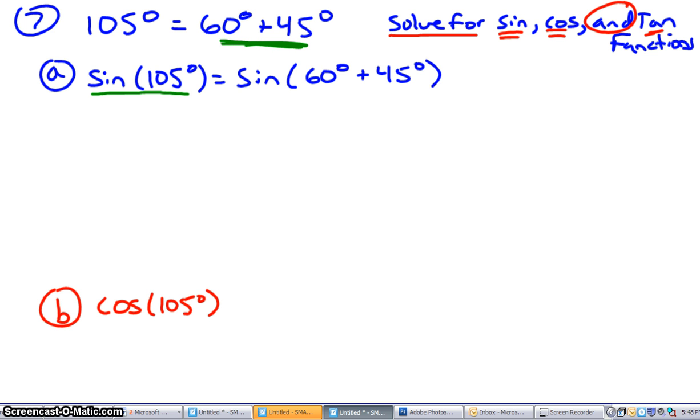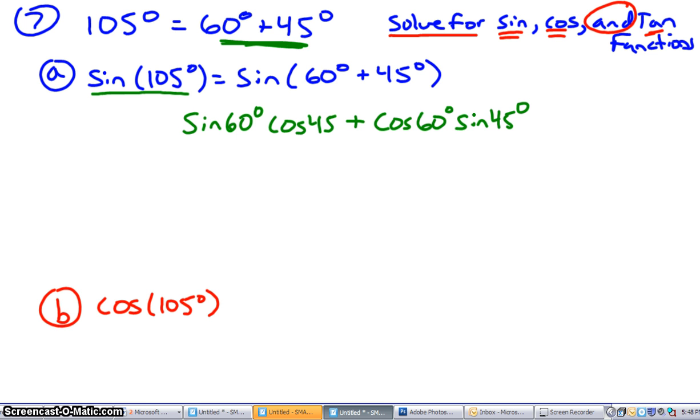So what is the process that we know? Well, the sine of 60 degrees times cosine of 45 degrees will be added to the cosine of 60 degrees times the sine of 45 degrees. Again, we're going to use substitution. That's what a lot of these formulas do. We substitute in and then we take out what we can.